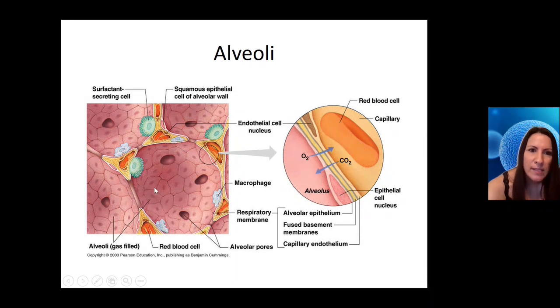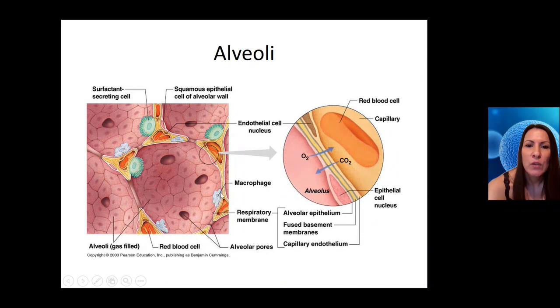The squamous epithelial cells usually get referred to as type 1 cells, and then we also have surfactant-secreting cells, sometimes referred to as type 2 cells. There are fewer of them, but they secrete alveolar surfactant, a fluid which helps reduce surface tension and keep the alveoli inflated.